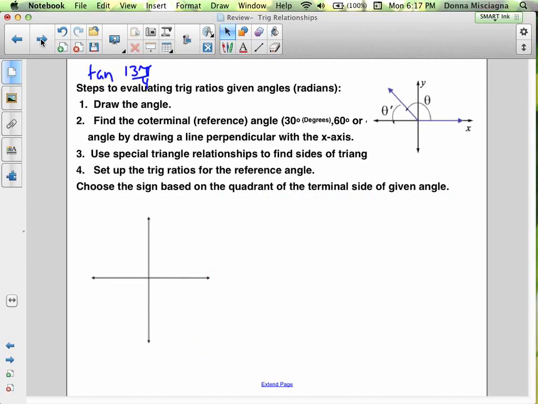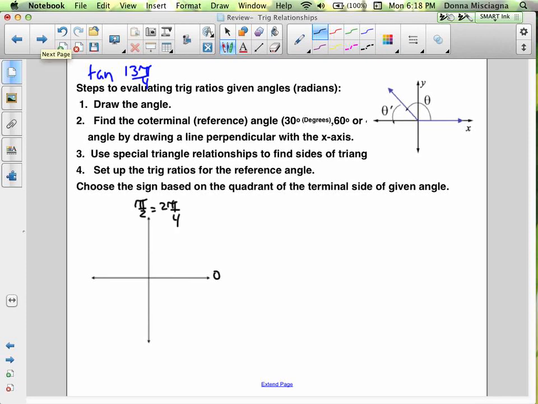Right, and this is our last one, tangent 13 pi fourths. So here, let's label the triangle. We have 0. Pi halves is the same as 2 pi fourths.